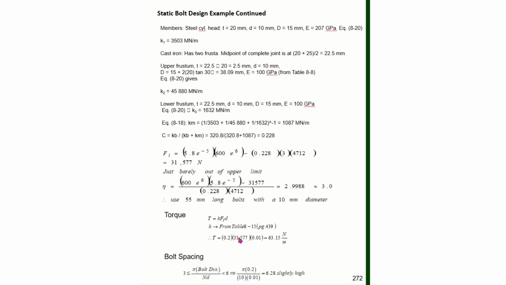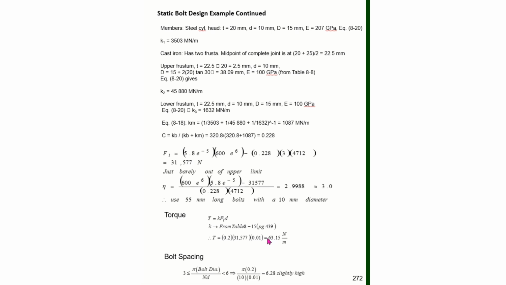We can then compute the torque, and the torque to which we need to tighten these is given by K FI D, and we get K from table A15. We know the preload FI, and we know the diameter of the bolt, so we can get the torque spec to which we want to tighten these bolts.